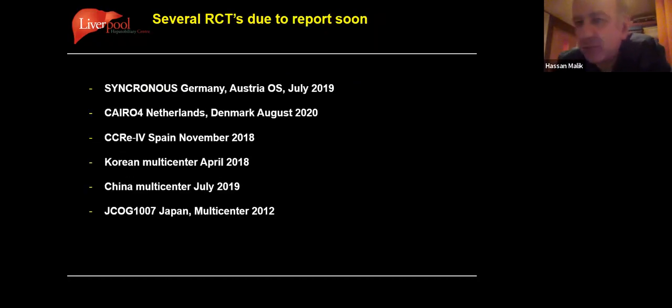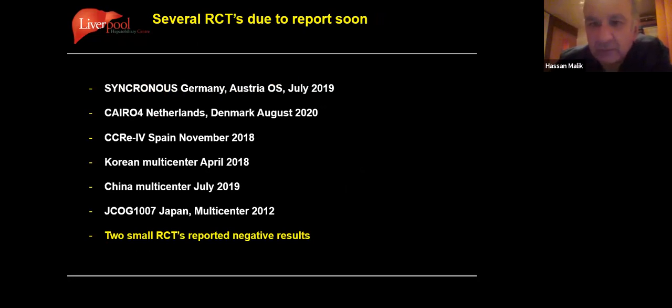There's a number of randomized trials that have been running for some time. They're all due to report and haven't reported yet as far as I know. But there have been 2 small RCTs which have shown negative results. A handful of patients, 50 odd in one and about 100 in the other. So quite small trials, but they were both negative.